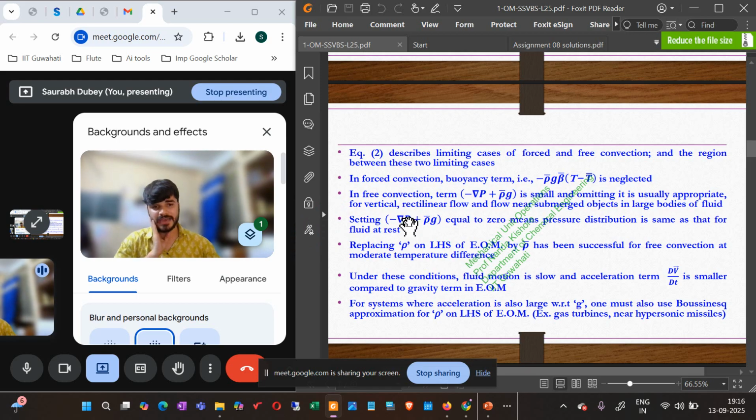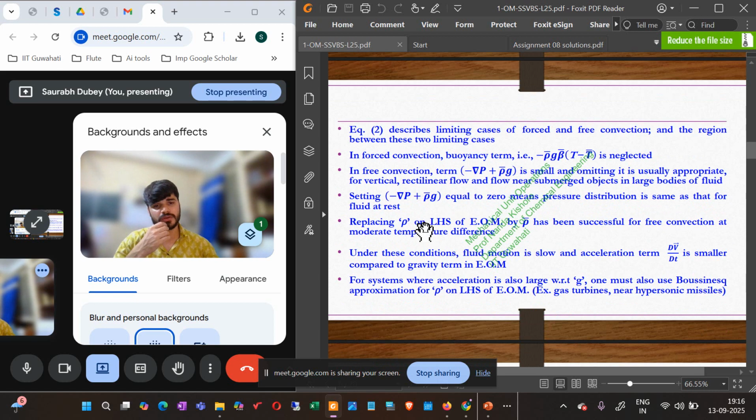So minus del P plus rho bar g equals 0 means the pressure distribution is the same as that for the fluid at rest, right? So you can replace the rho on the left hand side by rho bar, which has been successful for free convection at moderate temperature difference.